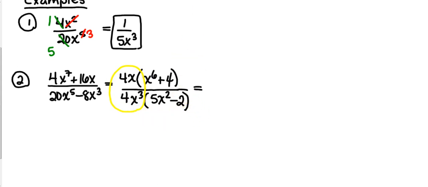So when I look here, I see that 4 and 4 cancel because 4 divided by 4 is 1. This x will cancel with one of these, leaving 2 of them behind. Our result will be x to the 6th plus 4, all divided by x squared times, and this wasn't touched, 5x squared minus 2.